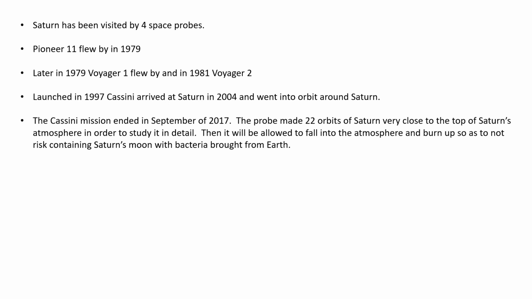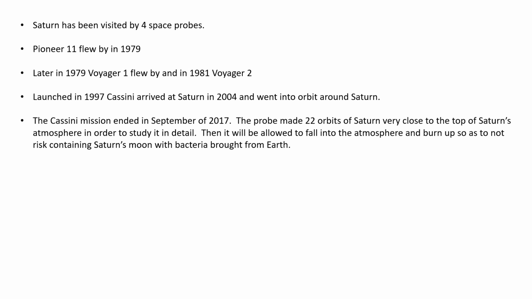So Saturn is visited by a total of 4 space probes. Pioneer 11 flew by it in 1979. Later in that same year, Voyager 1 flew by, and then in 1981, Voyager 2. The Cassini mission was launched from the Earth in 1997, and it arrived at Saturn in 2004 and went into orbit.